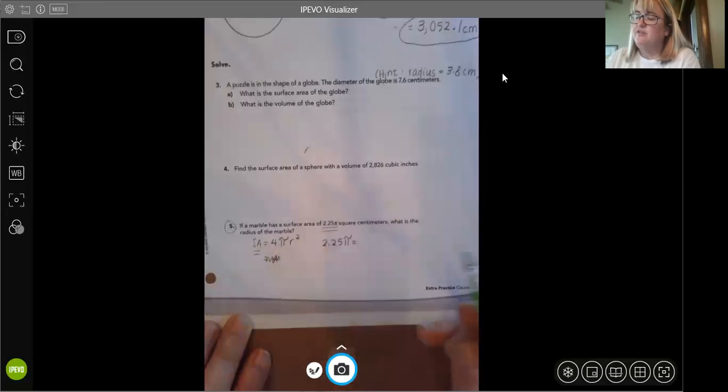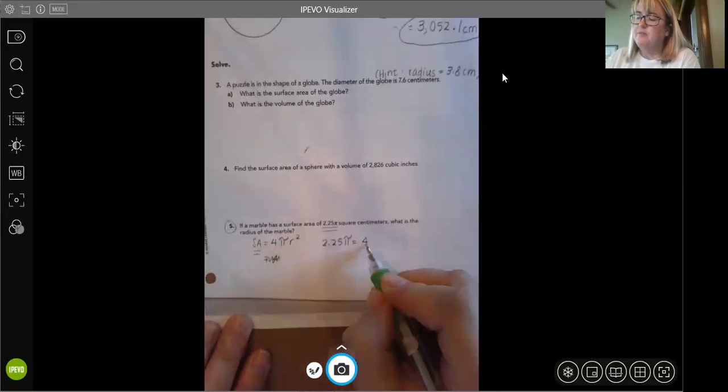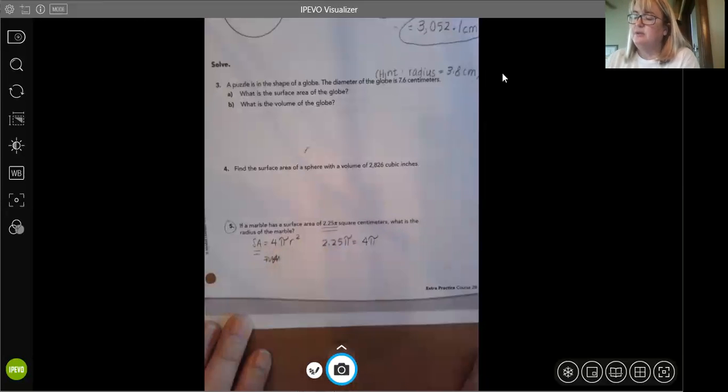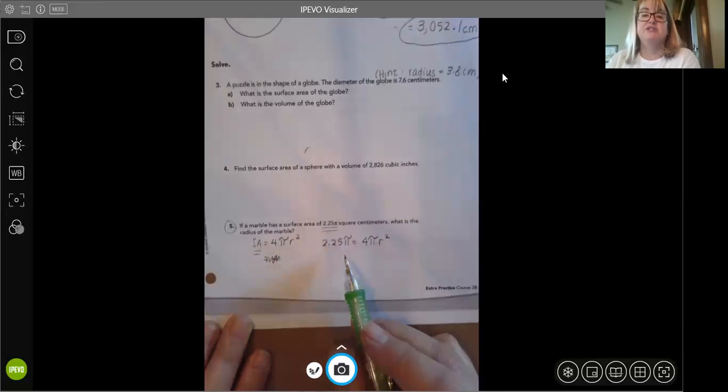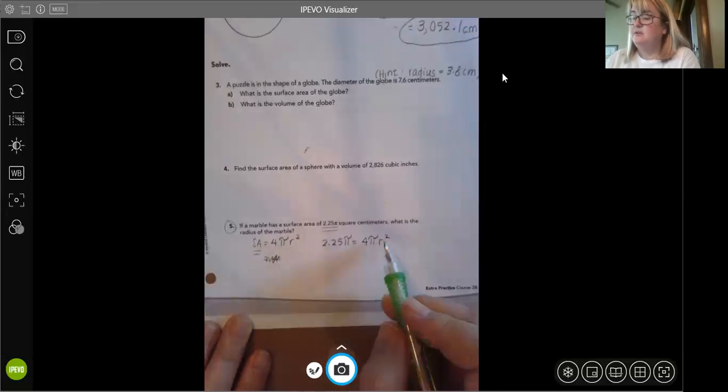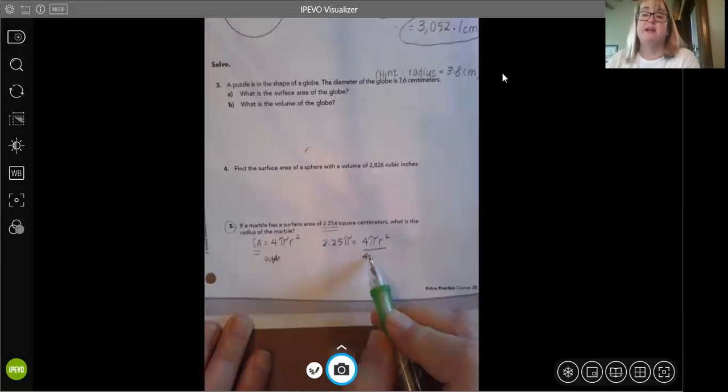And that equals 4 pi. Do we know the radius? No, we do not. So we need the radius squared. Okay, so we are solving for the radius. 4 pi is almost our coefficient. So if we divide this by 4 pi, that will leave just the radius squared.